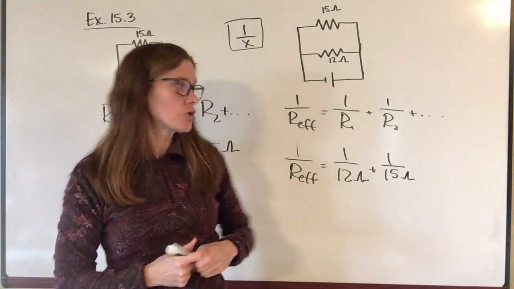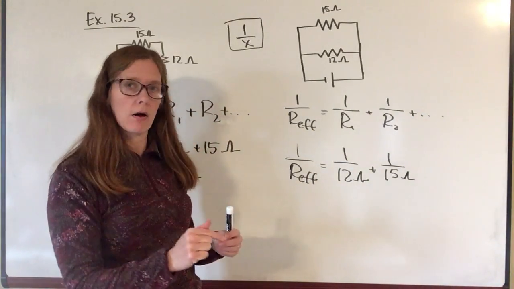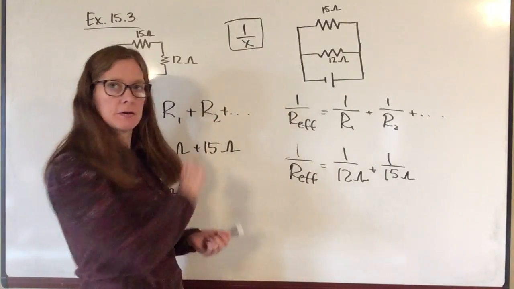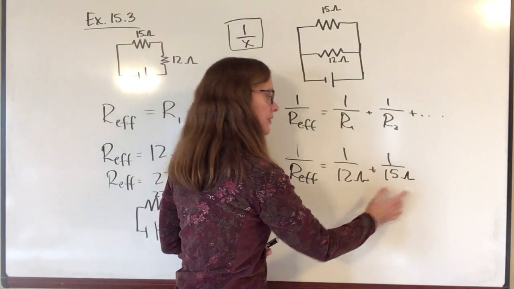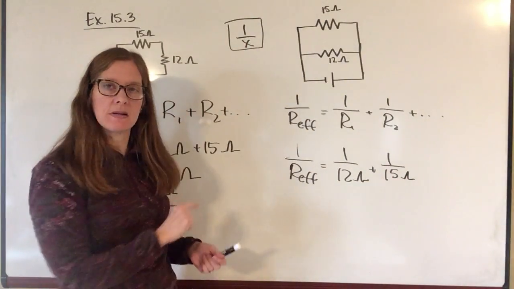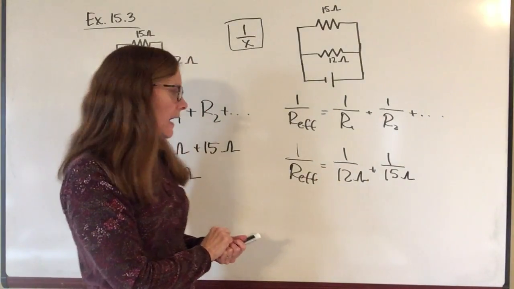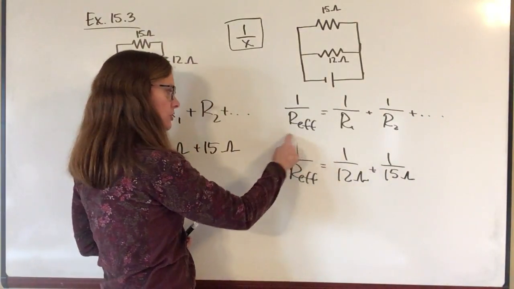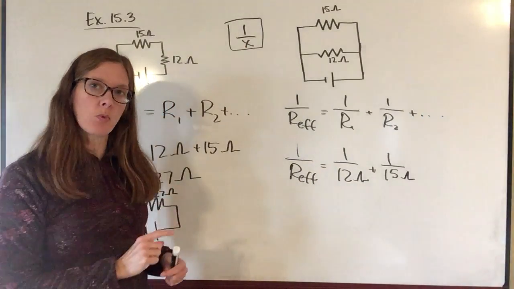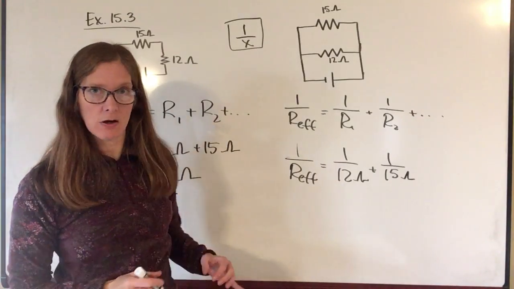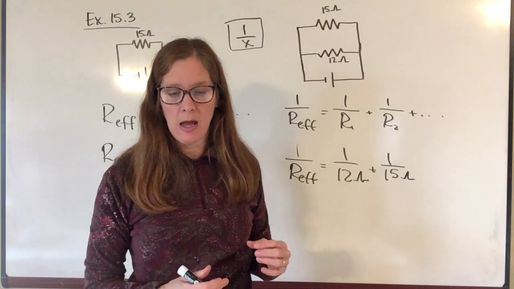What I would do is type in 12, and then hit that button and make it a reciprocal. Plus, then you type in 15 and hit that button again and make that a reciprocal. Equals, and then you hit the 1/x button one more time to flip it upside down. And then you're able to do these problems all in one step.